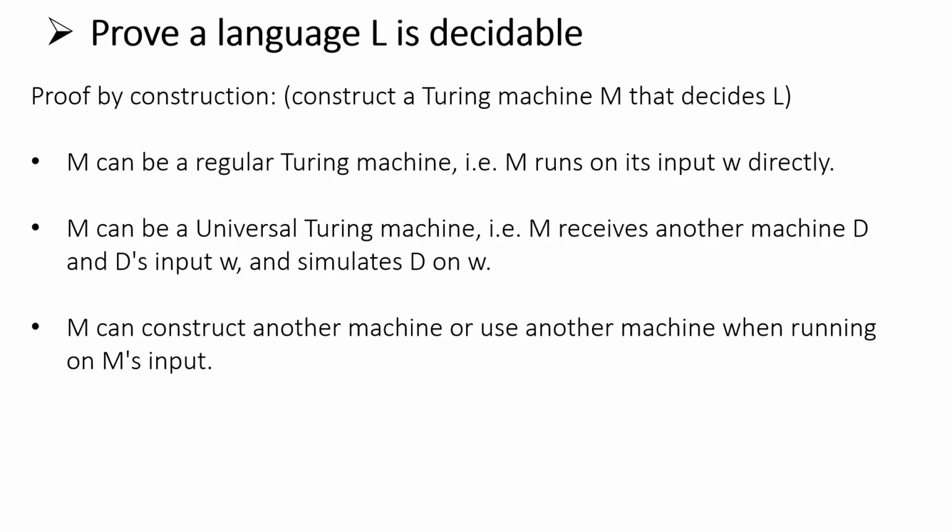If the input to M contains another machine, then use this machine when running. Sometimes, even though M does not receive any machines as its input, M can construct another machine as needed.